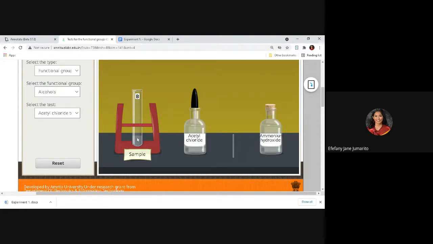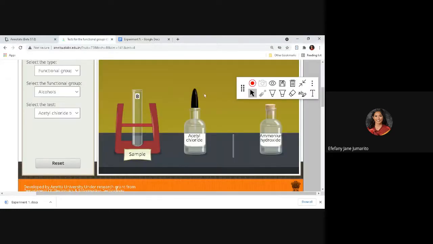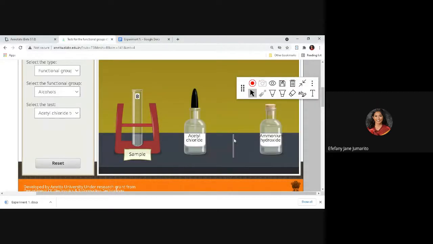Okay, then we add what? We will add acetyl chloride. Okay, and then shake the test tube well and bring a glass rod dipped in the ammonium hydroxide solution near the mouth of the test tube. Okay, so let's shake.